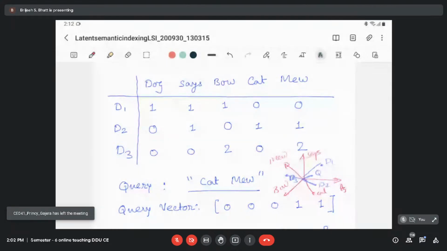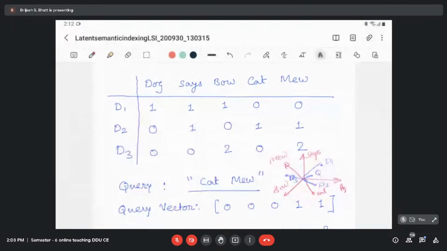So if you talk about English, the English language can have around a million words, or 400,000 words as dimensions. This is a very huge vector.